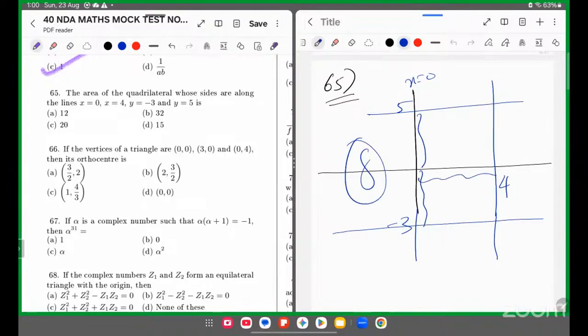Then this is 4. So 8 into 4, 32. Length into breadth. So the answer is option B.